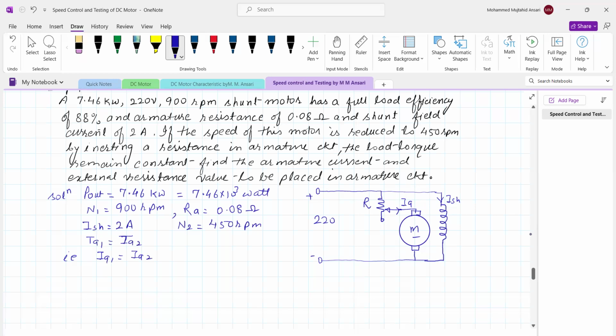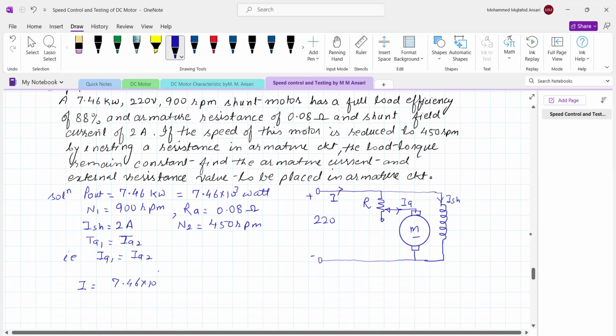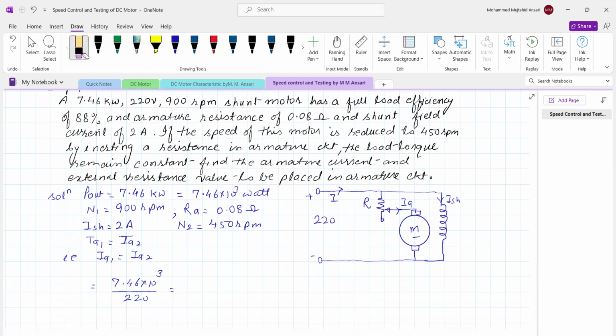Okay. Now, first of all, we have to calculate the current drawn by the motor. So the load current I. We will write one more step.